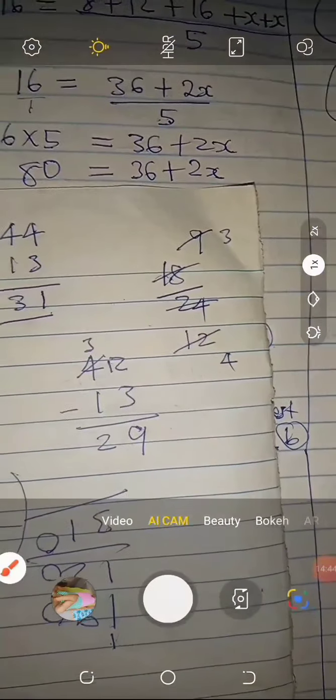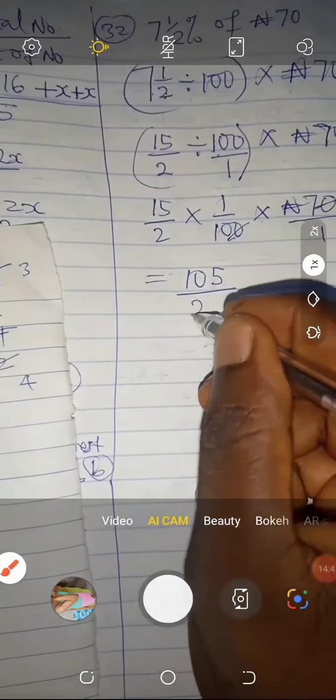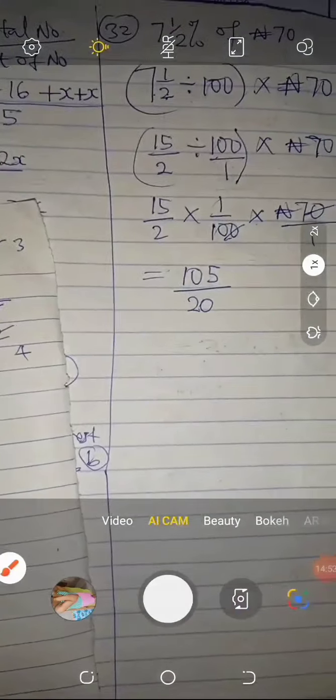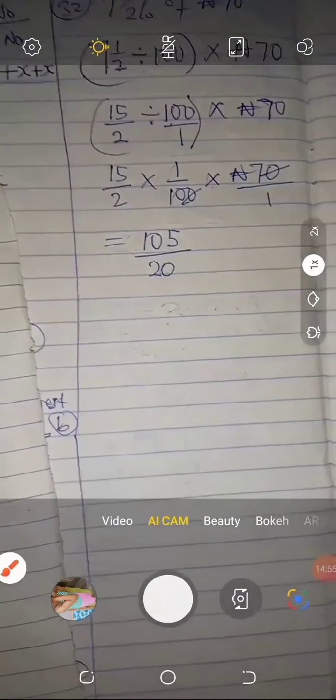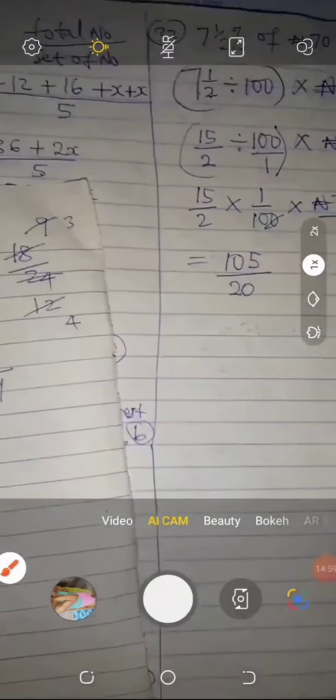Okay, 105. So we have 105 all over 2 times 10 times 1, which is 20.